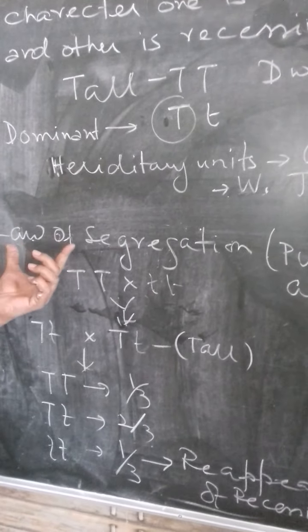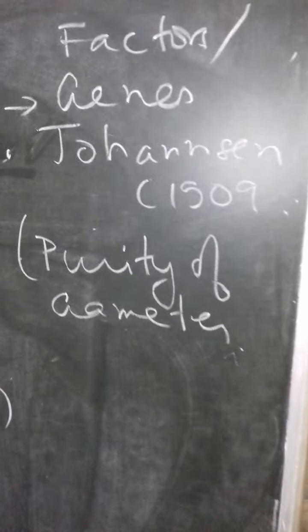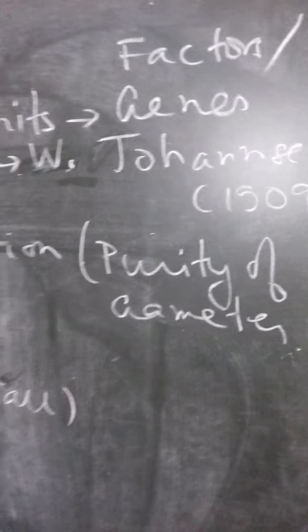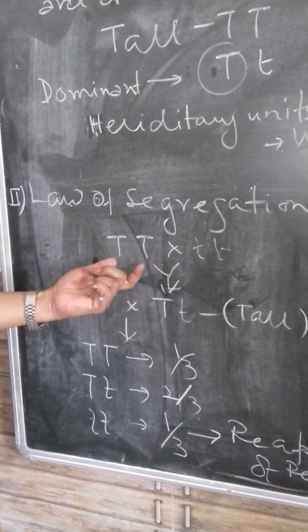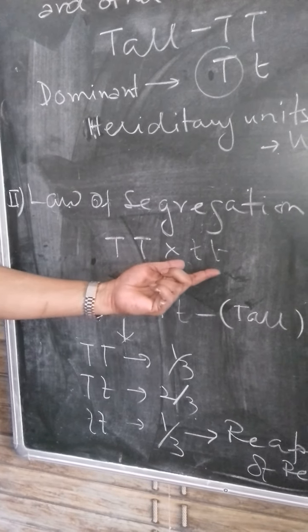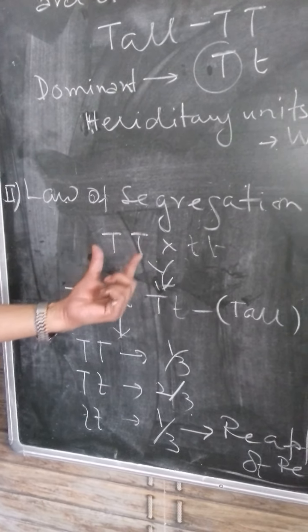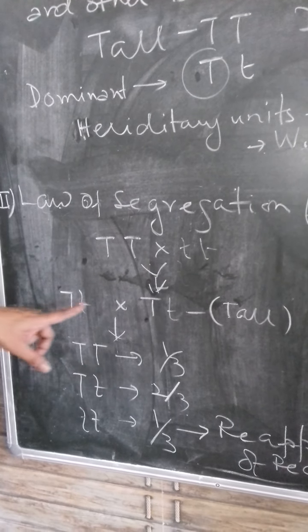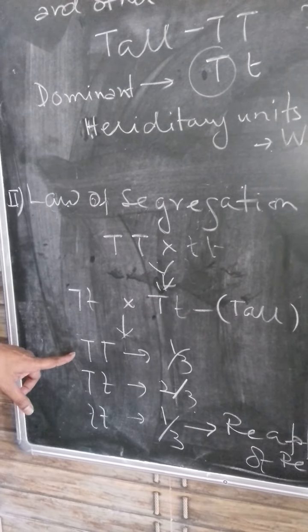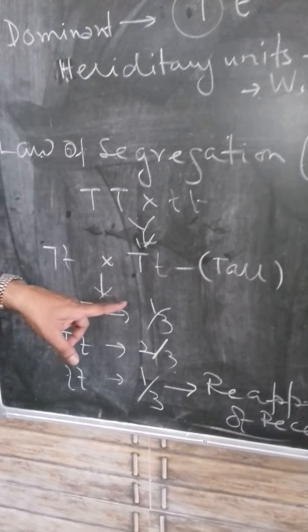The second law is the law of segregation or purity of gametes. Now in this law, again we derive this from the monohybrid cross. So capital T, small t, recessive, and this is the dominant and the recessive. The pure line gives capital T, small t. When self crossed it gives this ratio 1:2:1.